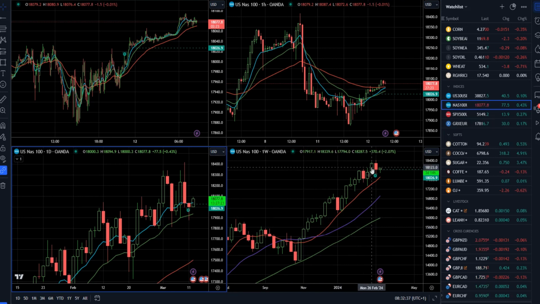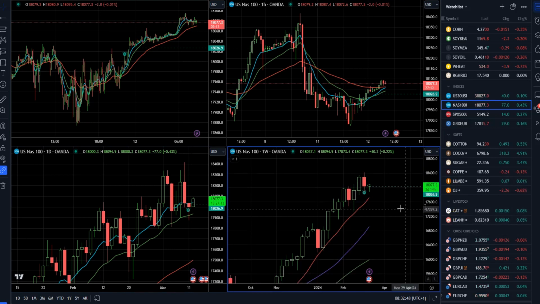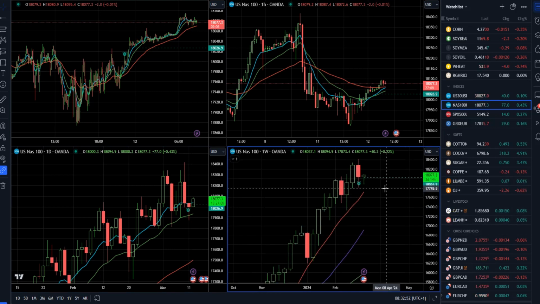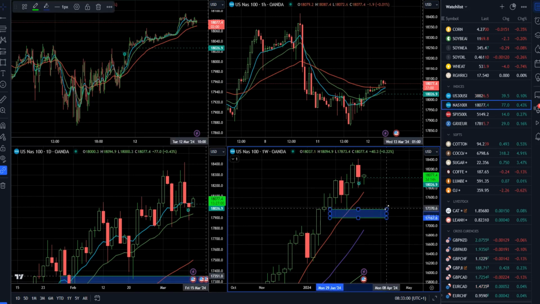Look at the weekly time frame. We didn't have a close below this rising weekly moving average for like 18, 19 weeks. So there will definitely be a chance for this market to test this rising weekly moving average and the area around 17,700, but I can even see the chance for a test of those pin bars around 17,300 and the 17,000 overall mark.